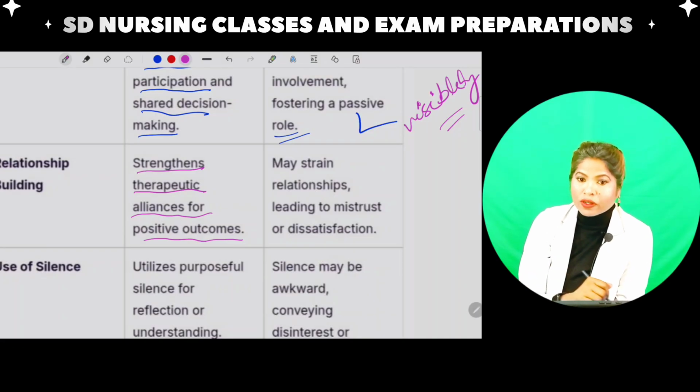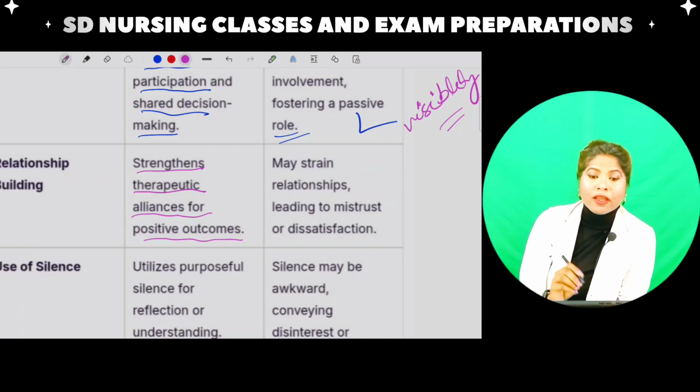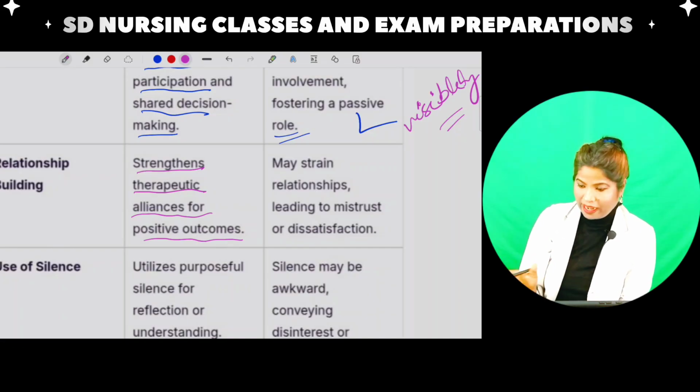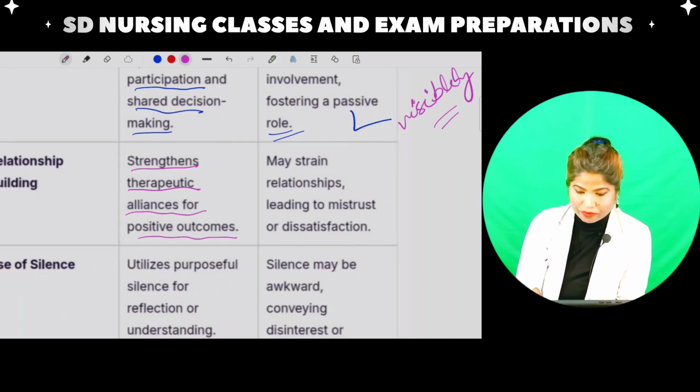So for all this, what happened? Your plan, your goal being a positive outcome. Your outcome is positive only because whatever you decided together, you told the patient to agree with that, and you worked there, and finally the patient got relief from his problem and was discharged, and the last stage also came. So this type of relationship is there in therapeutic communication.